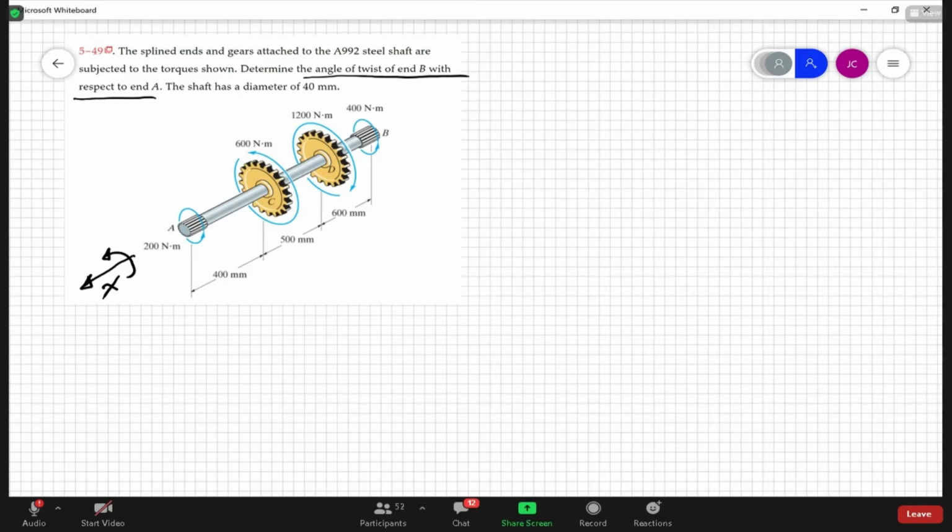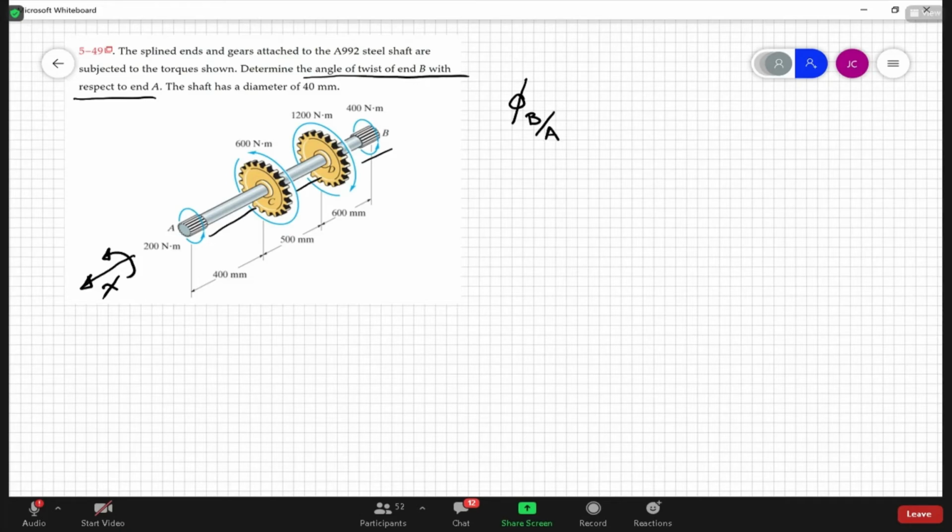You could do something else, but that's what we're going to do for now. All right, so to get this, we need to figure out the angle of twist in shaft AC, the angle of twist in CD, and the angle of twist in DB, and add those all together. So the total angle of twist, oh, actually, they want us to get B relative to A, so let's do the other one.